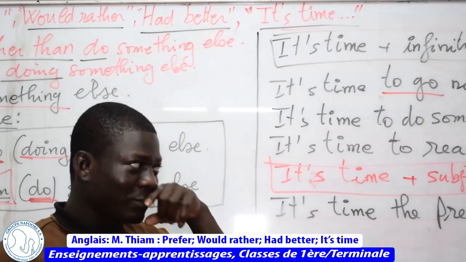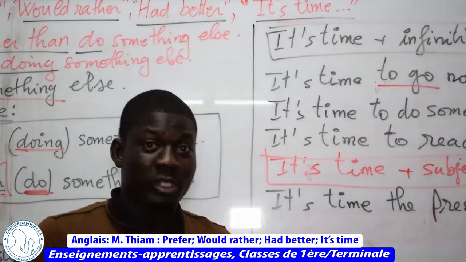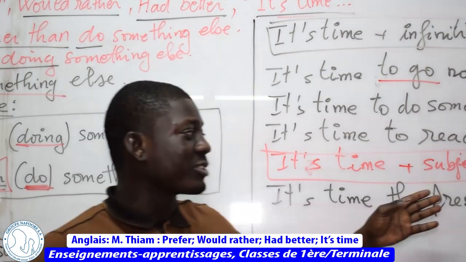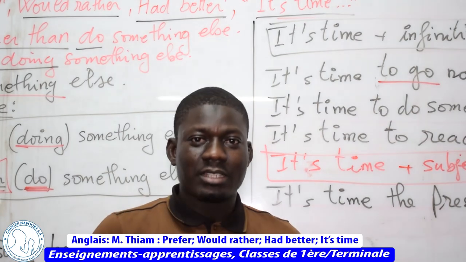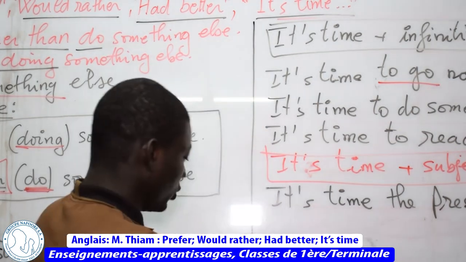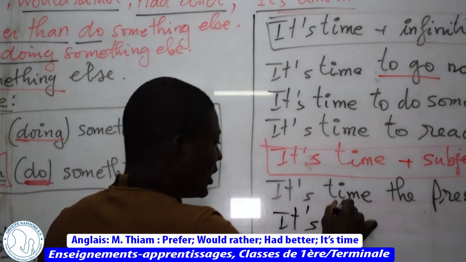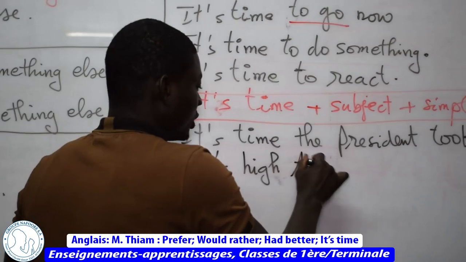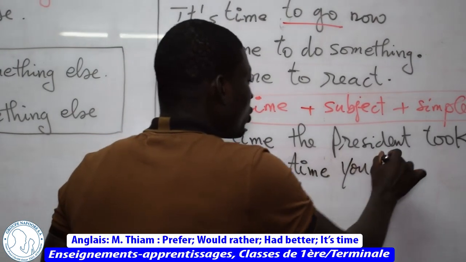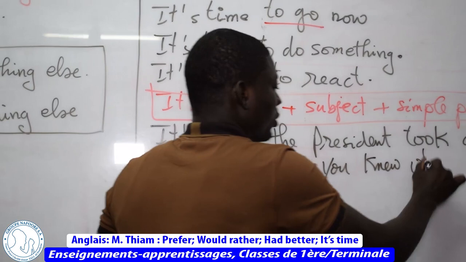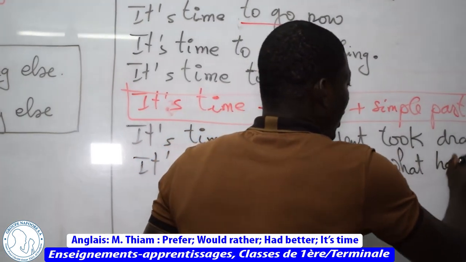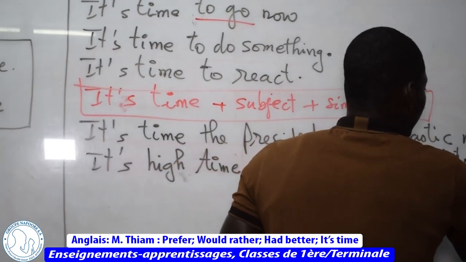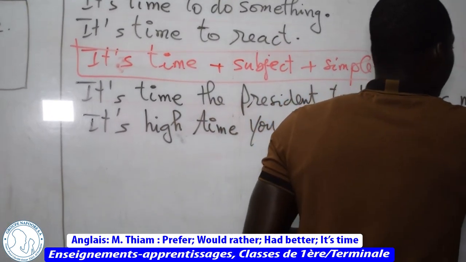Understand that? You know that these days the coronavirus is raging all around the world, all right? So we can say, "It's time the president took drastic measures to eradicate the pandemic." Or another example, we can still have "it's high time". I told you that they are the same expressions. "It's high time you knew what happened to your father."